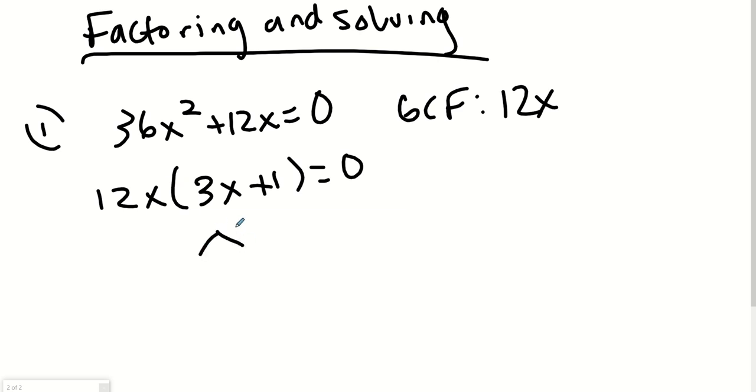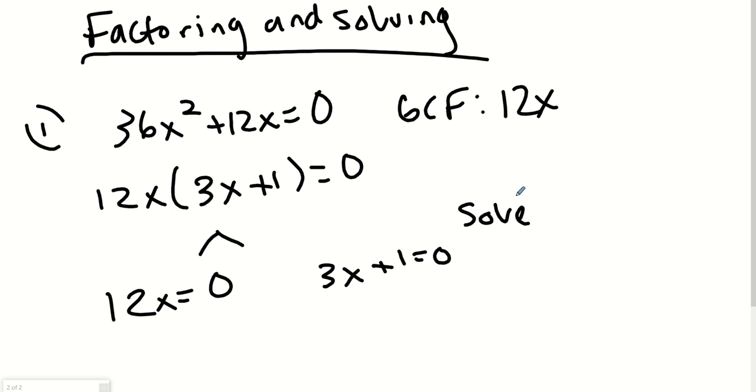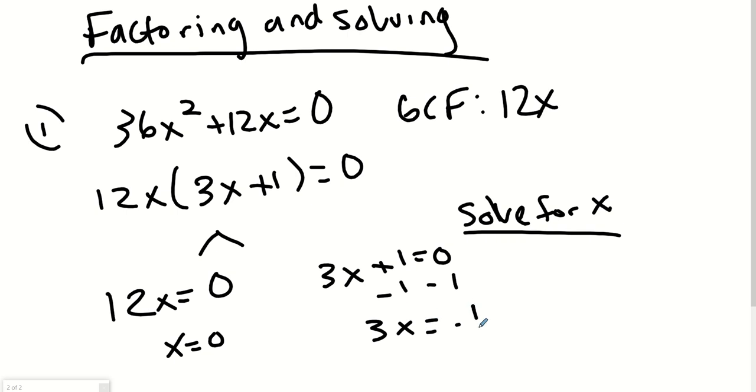Now we can separate these. 12x equals 0. 3x plus 1 equals 0. And then we just solve for x. Here, x equals 0. Subtract 1, subtract 1. 3x equals negative 1.